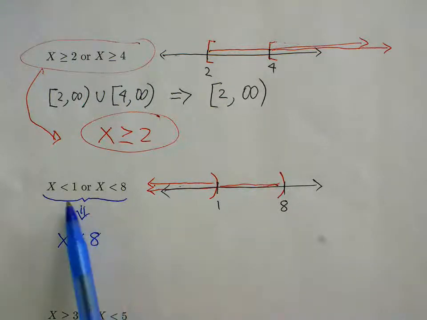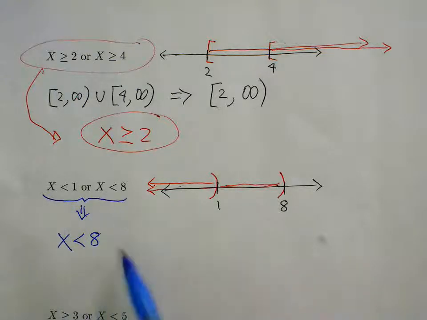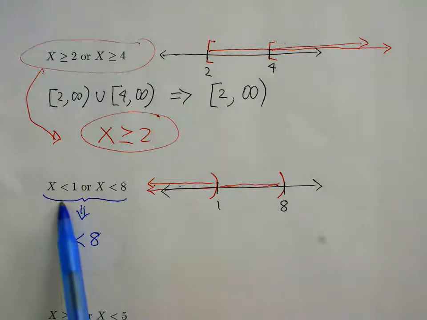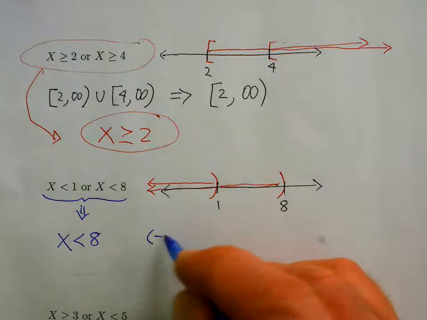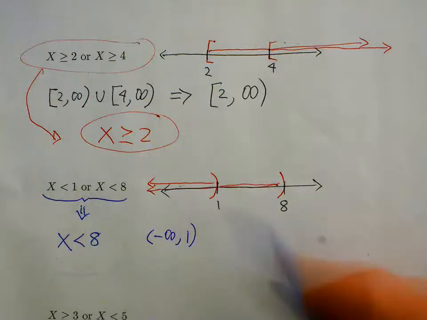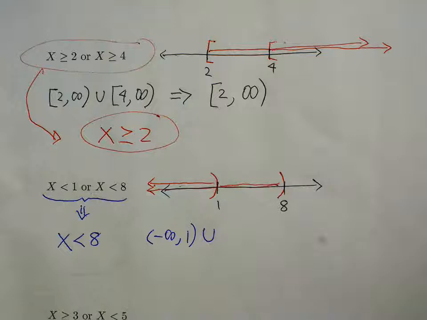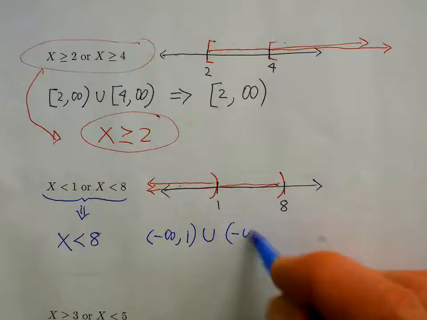Okay, then the interval notation, well, we know what the interval notation is for x less than 8. But if you start at ground 0, x is less than 1, that's negative infinity to 1, parenthesis, and then the word or is used, so we use the union symbol, and then x is less than 8, that's negative infinity to 8.